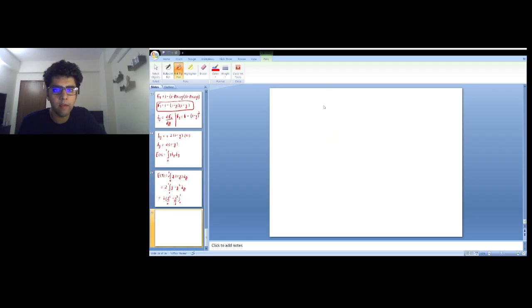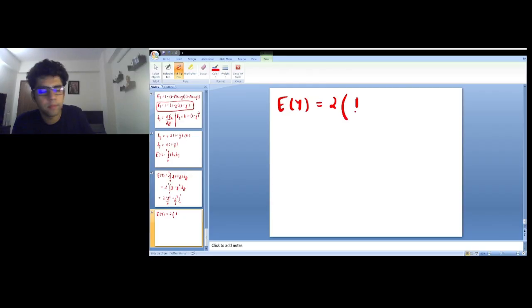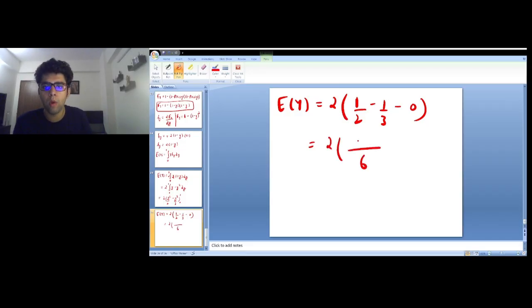So my E of y will become 2 into, substituting the limits, 1 by 2 minus 1 by 3 minus 0, because if I substitute 0 in place of y square by 2 and y cube by 3, I will get 0 only. So this will give me 2 into 1 by 6, and finally 1 by 3.